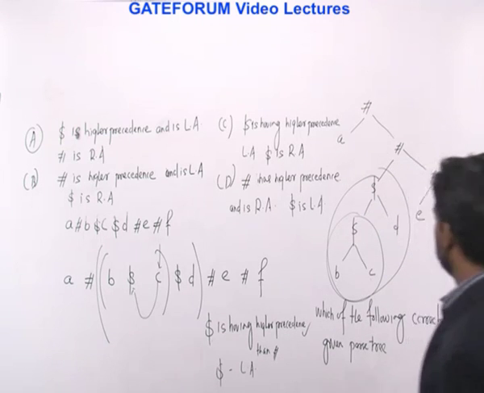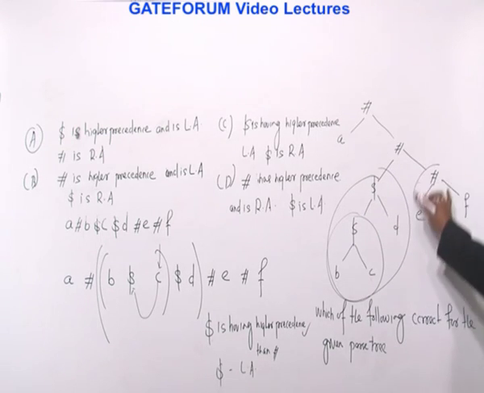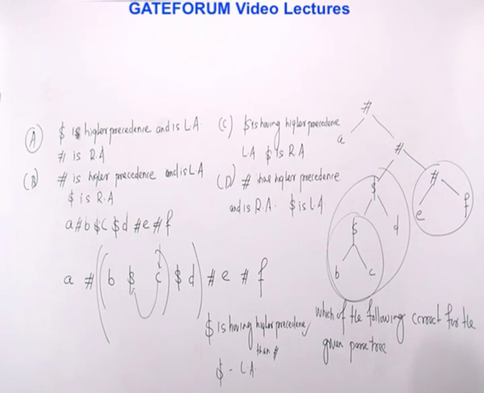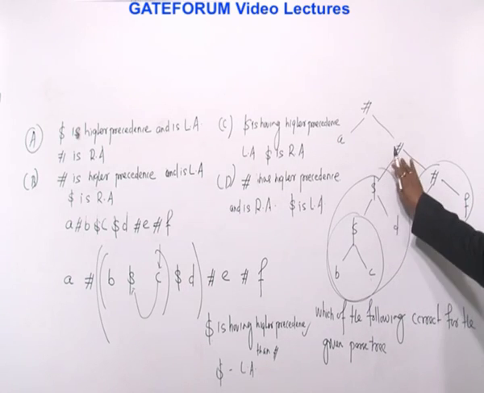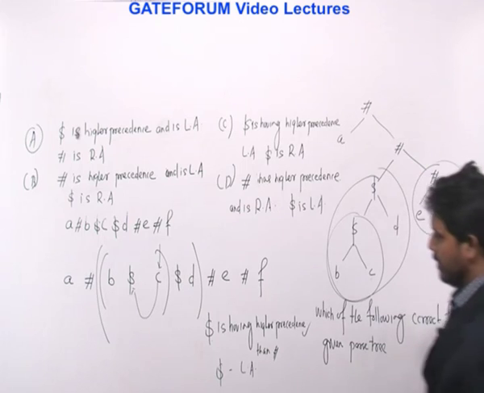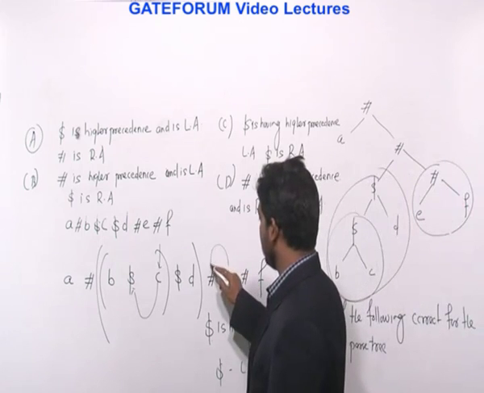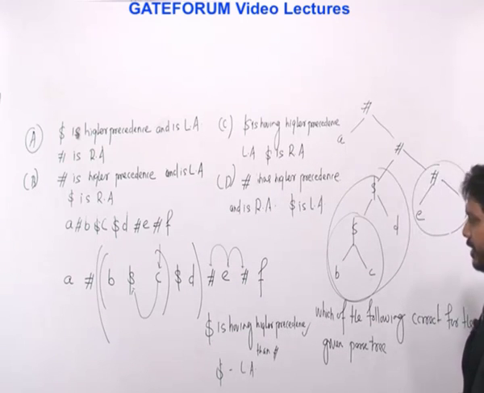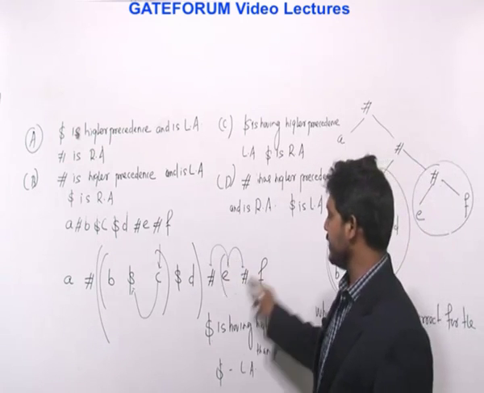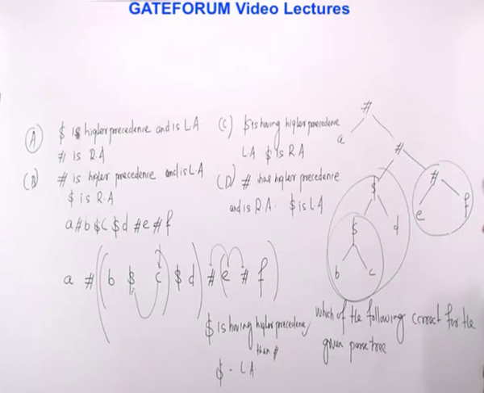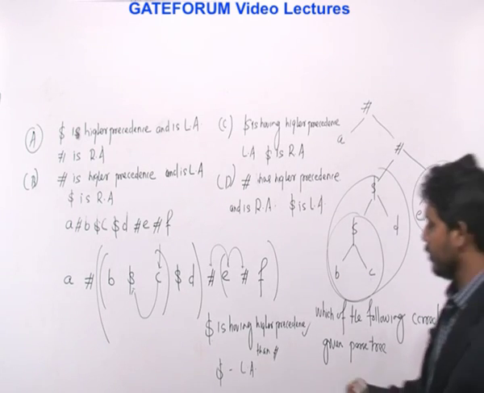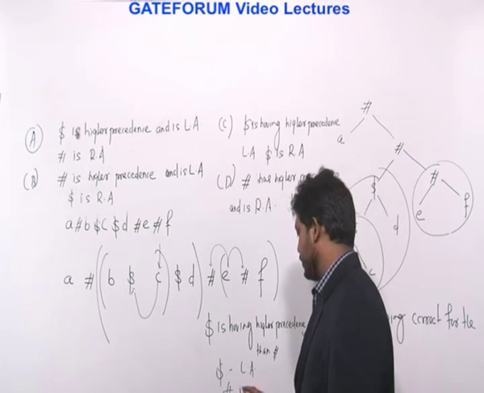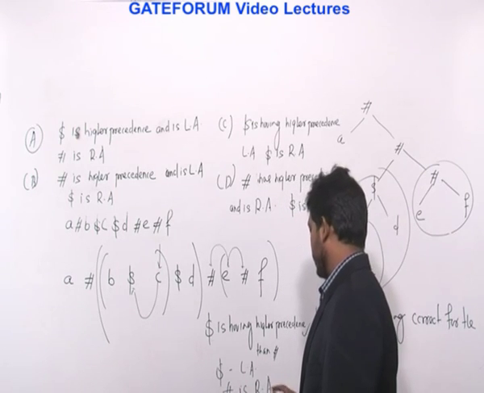The next evaluation is E and F. This is also a subtree, there is a hash, but this subtree will be evaluated first. Now what can we conclude? E has a hash operator on both left and right sides, but E chooses to evaluate itself with the operator on the right hand side. That means we can conclude that hash is right associative.